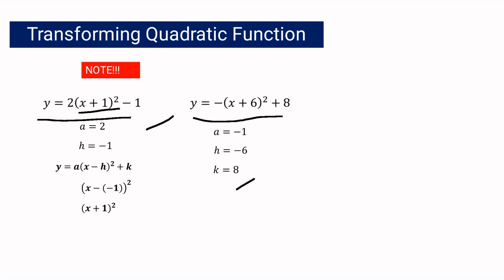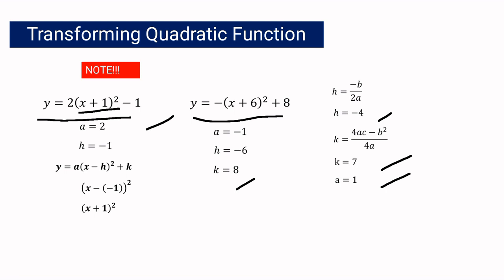Obviously it is positive 8. In the same manner, if the value of h, for example, is negative 4, and the value of k, for example, is 7, having, for example, the value of a is 1, we are going to write it in the form of y equals a times the quantity x minus h squared plus k.